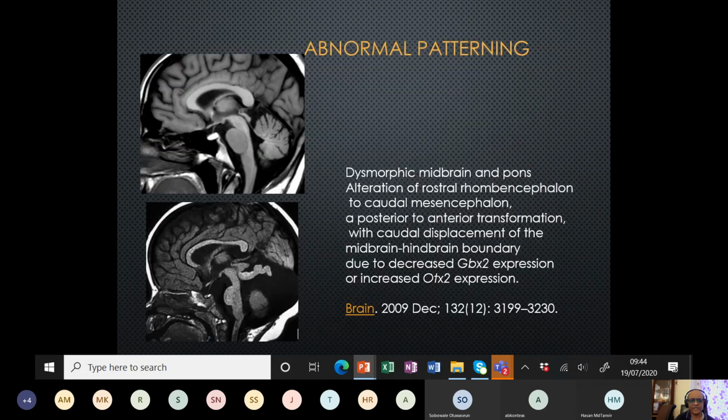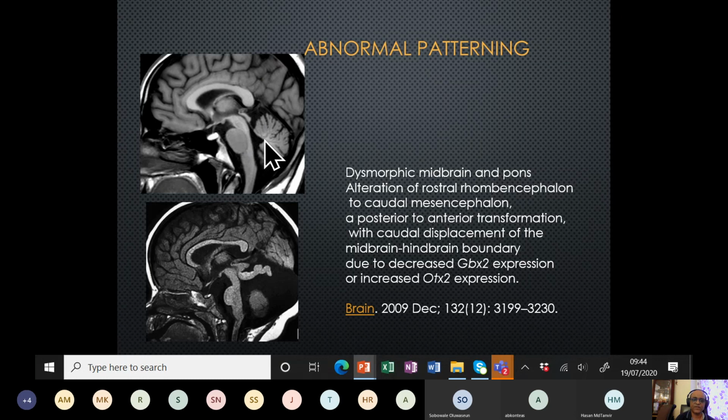So just to give you an example, you can see that this is a normal sagittal T1 weighted sequence. You can see the corpus callosum, and you can see the beautiful structure of the brainstem with the midbrain, the pons which is bulging, and the medulla oblongata. And you can see the relationship of the size of the midbrain to the size of the pons, and the position of the cerebellum in relation to the isthmus, which is this part of the midbrain at the junction with the pons.